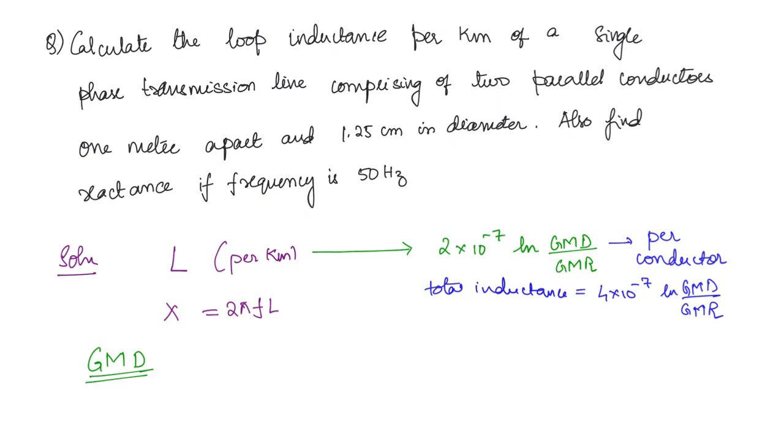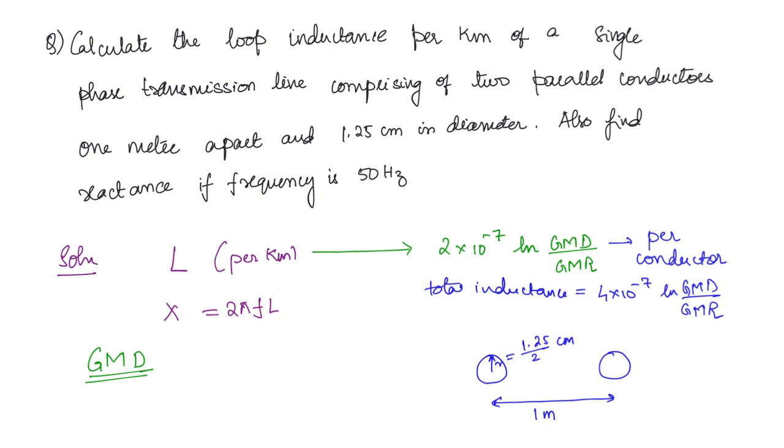So here you have one conductor, this is the second conductor, and the distance between these both is 1 meter. And 1.25 centimeters is the diameter. So what will be the radius? This is going to be 1.25 by 2 centimeters. So see that this is in centimeters, this is in meters.